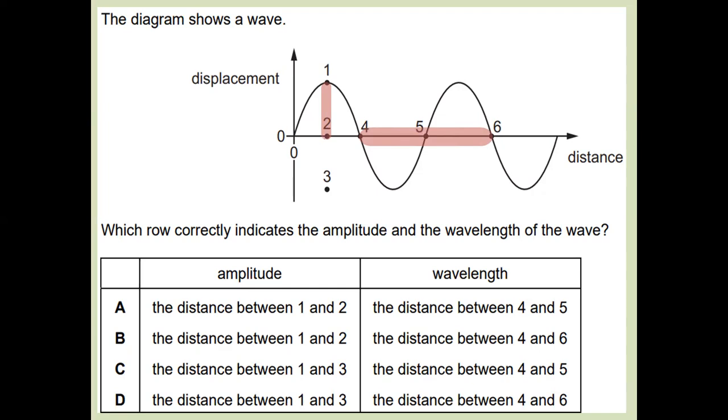Between 4 and 5 is the trough, and between 5 and 6 is the crest. When one crest and one trough join together, it makes one wave. So the correct option is B. The distance between 1 and 2 is amplitude, and the distance between 4 and 6 is the wavelength.